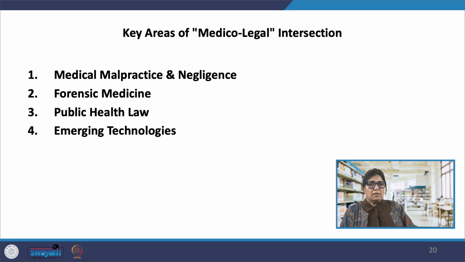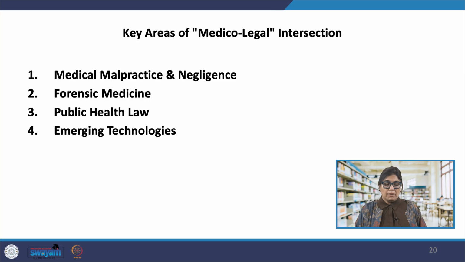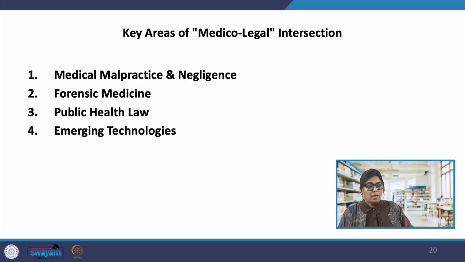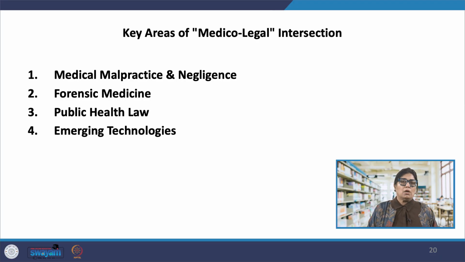Forensic medicine, the application of medical knowledge to legal proceedings, such as determining cause of death or providing expert testimony. Public health law, using legal tools like tobacco taxes, mandatory vaccinations, and environmental regulations to manage health at a population level. Emerging technologies, addressing the legal and ethical gray zones of AI in diagnosis, genetic testing, and assisted reproductive technologies.